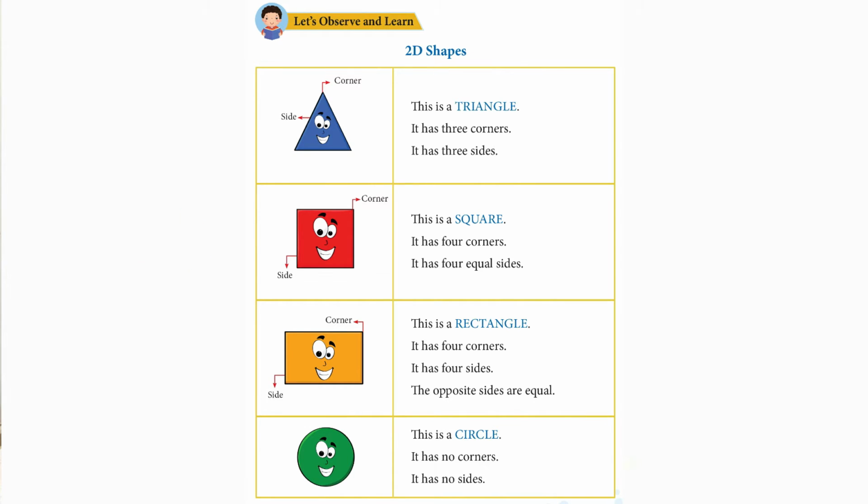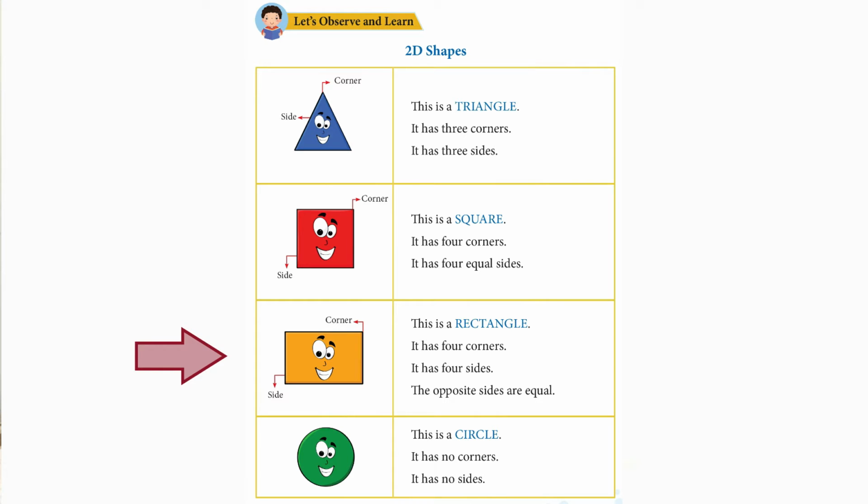The next one is a rectangle. Let's see how many corners and how many sides a rectangle has. Look at your textbook. A rectangle has 4 corners. It has 4 sides. Now look at the difference between a square and a rectangle.